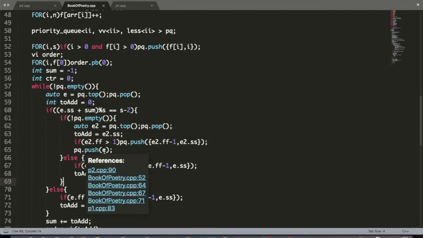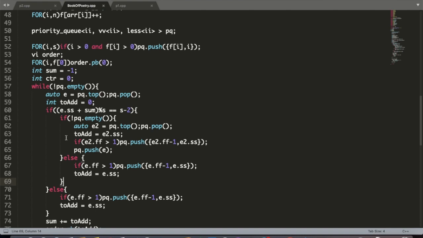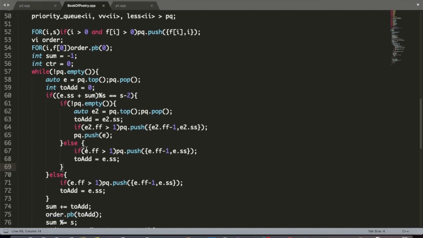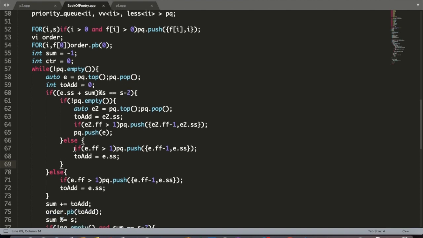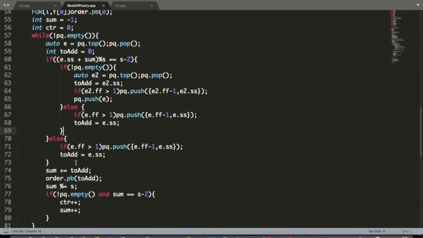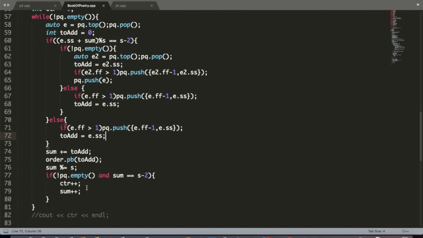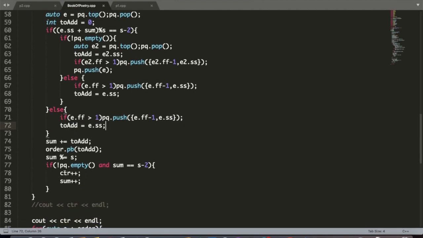So here again we have two cases. If the priority queue is not empty, then we can take the next most frequent element. However, if the priority queue is empty, then there is nothing that we can do. So we just add the element as is. And if this is not the case, then we can again just add the element as is. After that, we just check whether sum equal to s minus 2 or not.